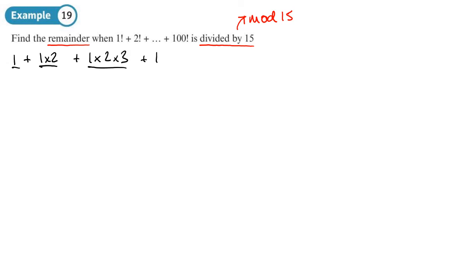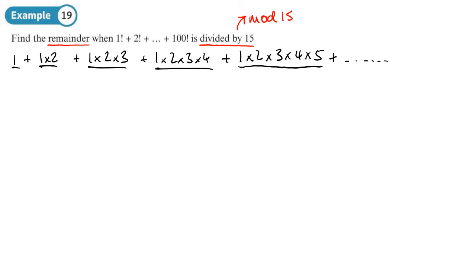So 1 factorial plus 2 factorial plus 3 factorial plus 4 factorial plus 5 factorial. And we're going to go all the way up to 100. Obviously, I'm not going to write those out. It's going to look like this, plus all the other factorials afterwards. Now notice that when we get to 5 factorial, we've got times 3 and we've got times 5.